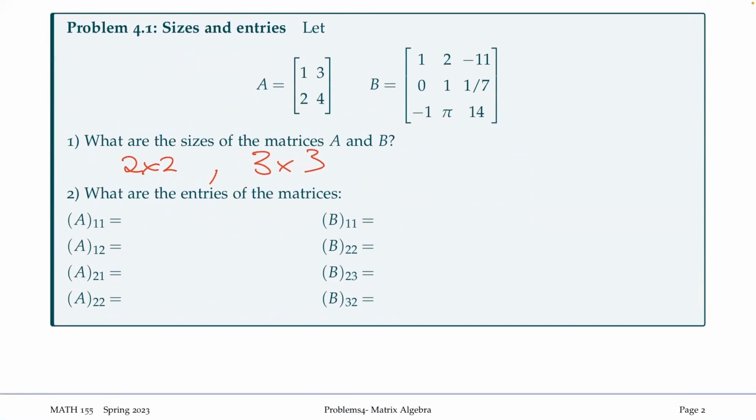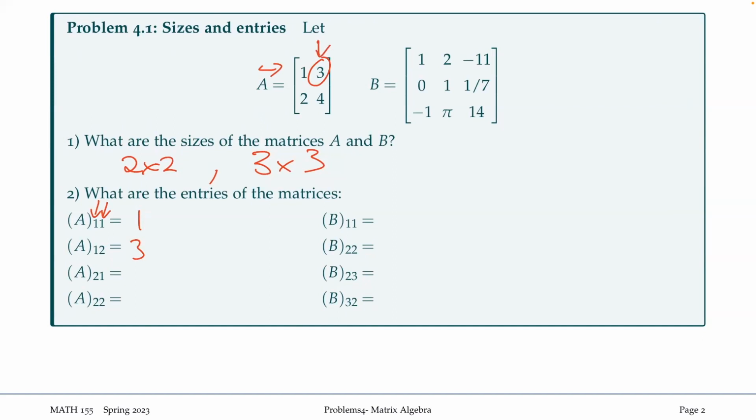Okay, I'm just going to get you to shout out the answers to these things. So what are the entries of the matrices? I'm going to work my way down this. So A11, A12. Let's try that again. A12, 3. Okay, so this number here, the first one is the row index, and the second is the column index. So 1, 2 is the first row, second column.